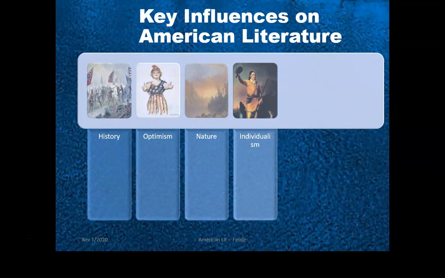We also believe in individualism, as personified by Daniel Boone, who was a real person who moved into the Kentucky, Tennessee area to found communities there and make his own way in the West. He became a folk hero, along with Davy Crockett, who was in the same vein.